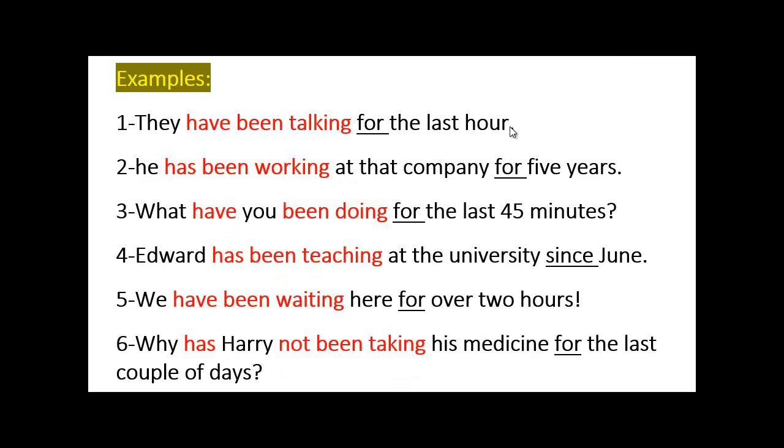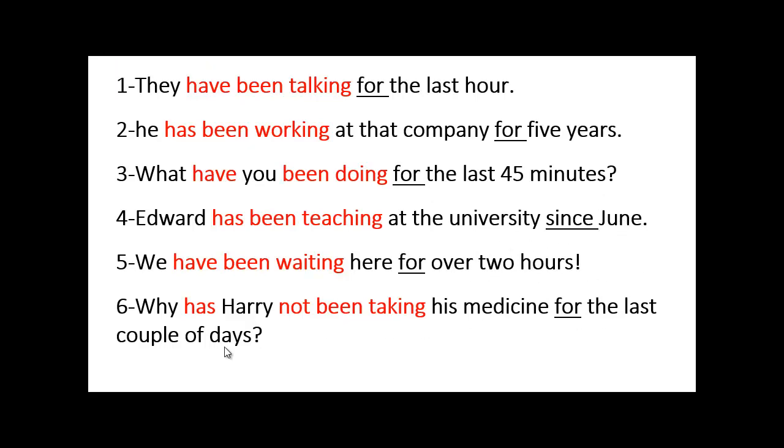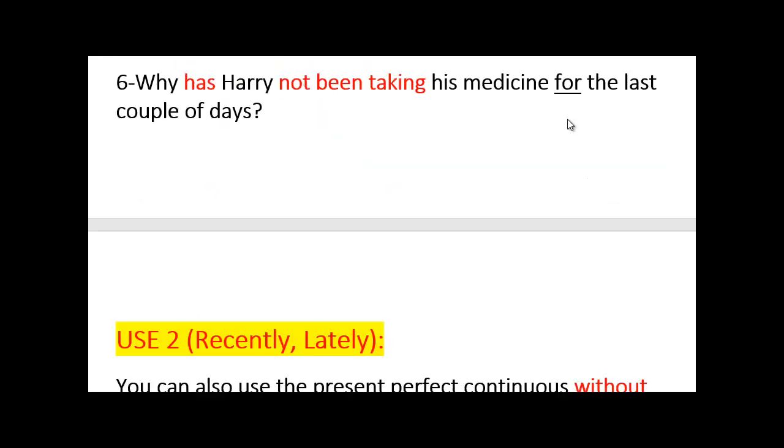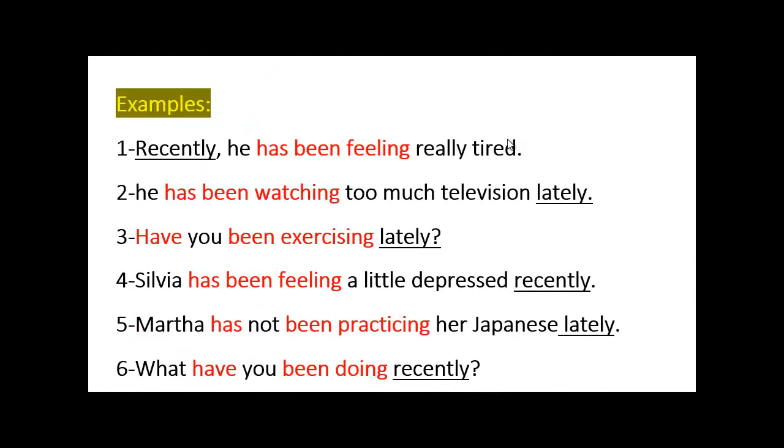The durations last hour, 5 years, 45 minutes, since June, over 2 hours, for the last couple of days, these are all duration and time expressions, guys. While here we have lately and recently, which take the place of the duration, and we still use them with the present perfect continuous.